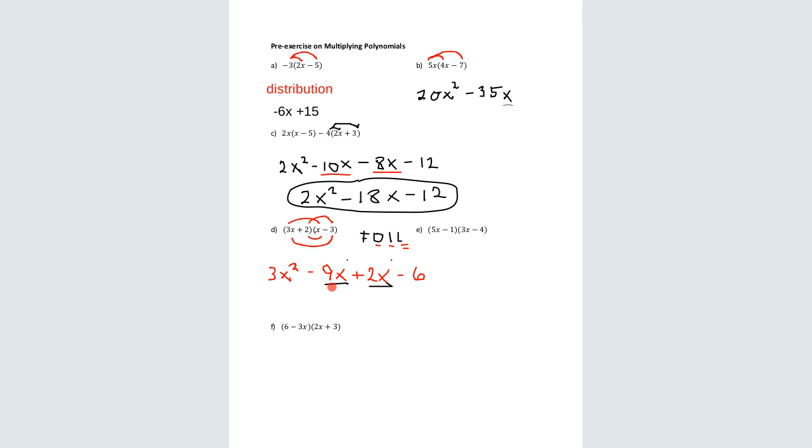So those are the only two I'm allowed to add together. That 3x squared has to stand by itself, because there's no other squared terms anywhere. So this is going to be negative 9 plus 2. Negative 9, positive 2 still gives me a debt of negative 7x. Okay. So those two combine together to give me negative 7x.